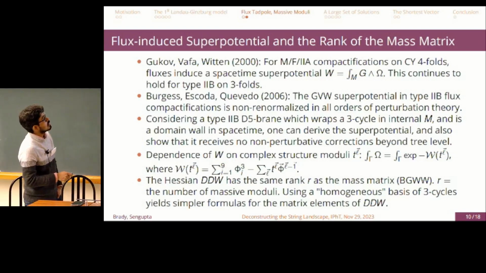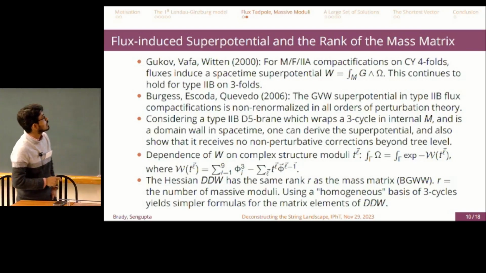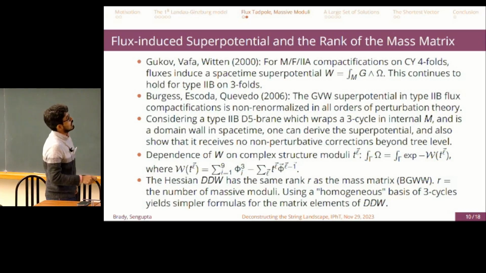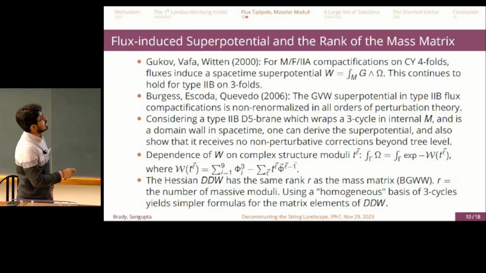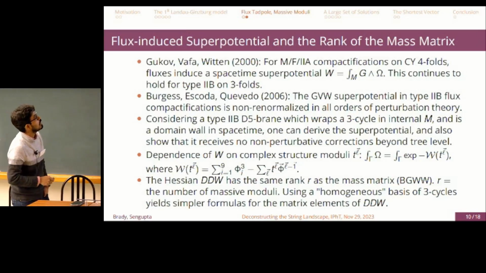Now this flux induced superpotential does not receive any perturbative or non-perturbative corrections. So there are arguments by these authors that this formula does not receive any corrections in all orders of perturbation theory, both alpha prime and string coupling.